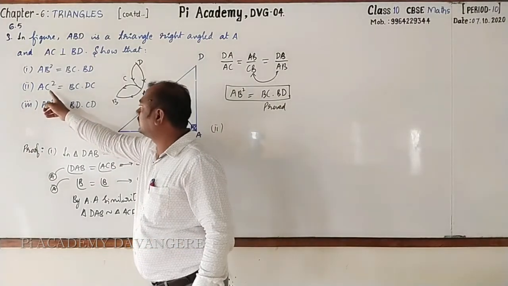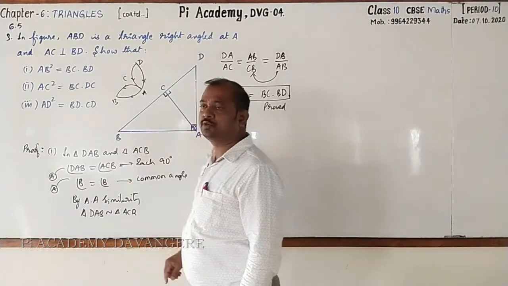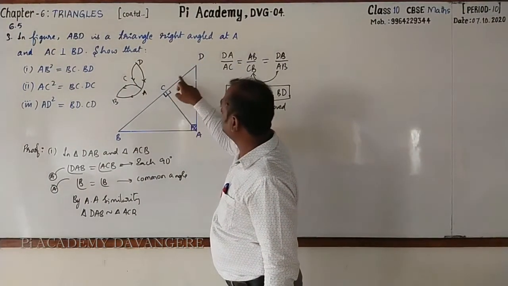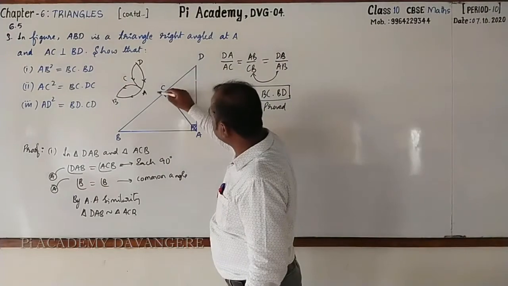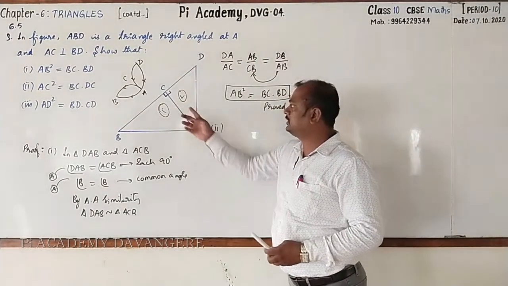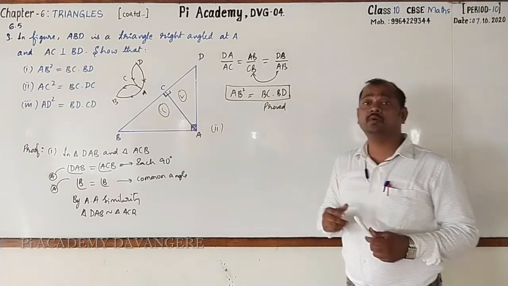Look here, AC square equal to BC into DC. So, these are the sides of these two triangles, 1 and 2. Are these two similar? Yes. How?